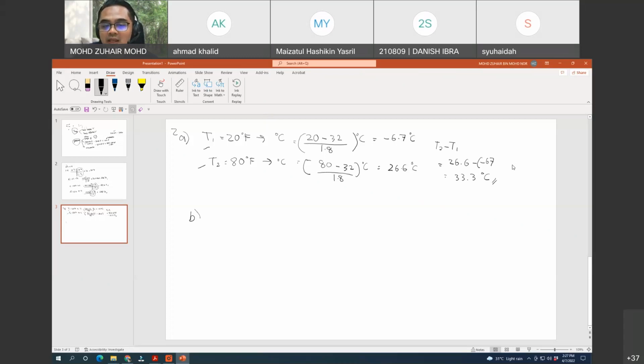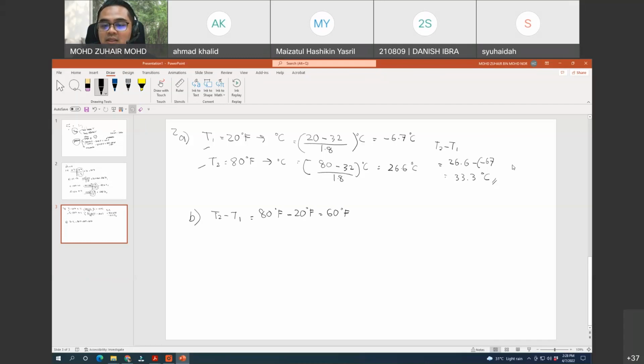So the second part of the question asks if you straight away calculate the temperature difference. Here the temperature difference T2 minus T1 equals 80 degrees Fahrenheit minus 20 degrees Fahrenheit, which equals 60 degrees Fahrenheit.